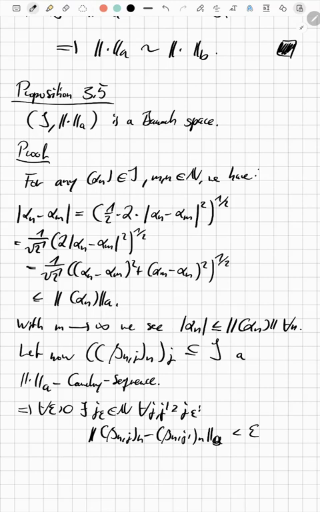And with the previous inequality, we immediately see that the difference of beta n0j minus beta n0j dash is always less than epsilon for all fixed n0 from the natural numbers.